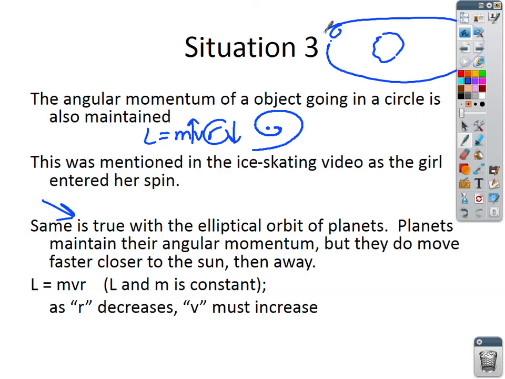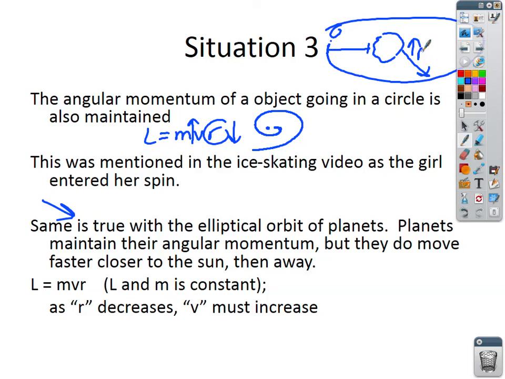When you approach the sun and have a smaller radius, the planet goes faster around that point. When it gets farther away, the radius increases and the velocity decreases.